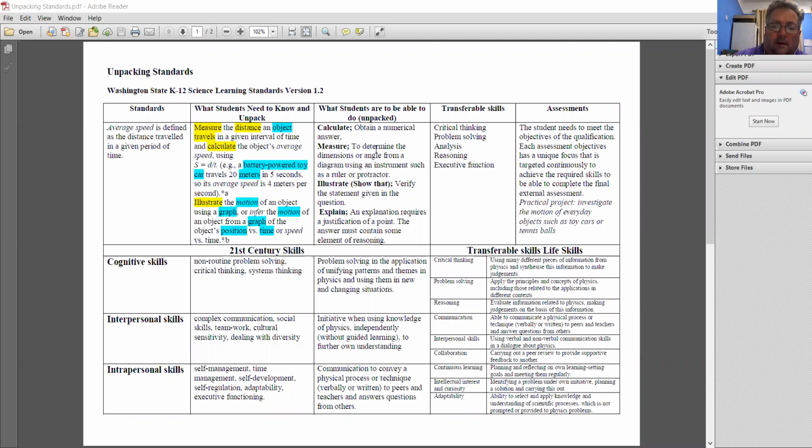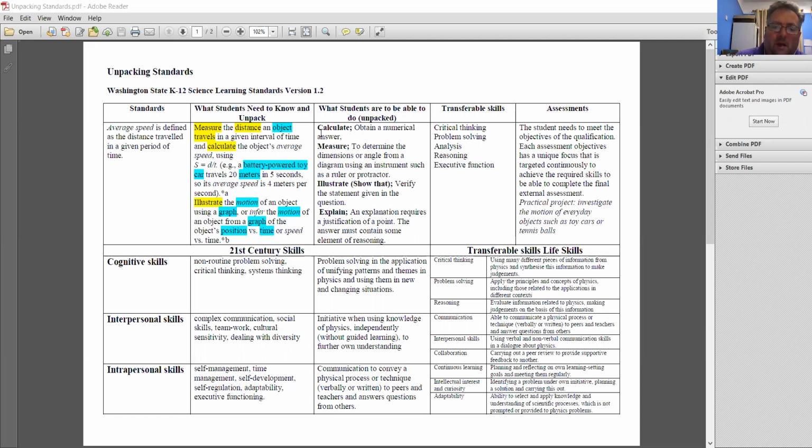So calculate is to get a numerical answer. To measure using a ruler, protractor, or some sort of tool gets them to understand and to know what distances are.